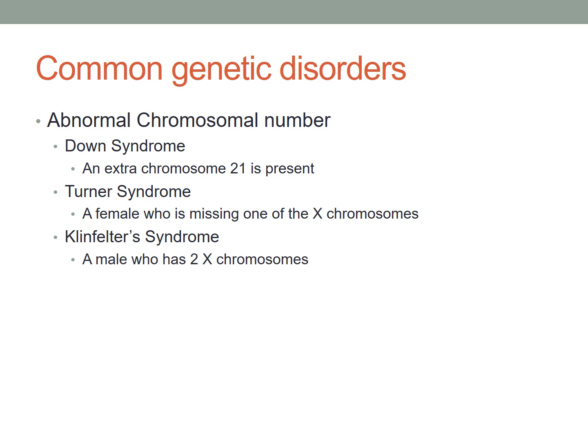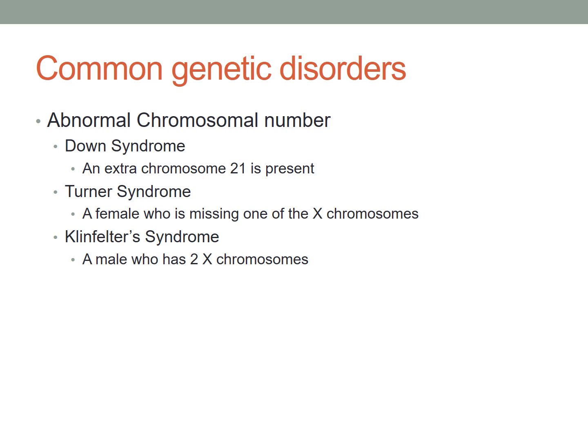Here's a list of some common genetic disorders that occur due to chromosomal abnormalities. In Down syndrome, an extra 21st chromosome is present. Turner syndrome is where a sex chromosome is missing, so that the individual has a total of 45 chromosomes.